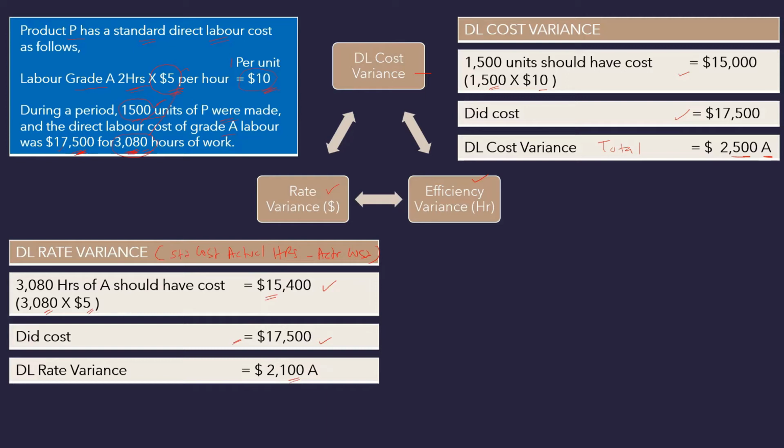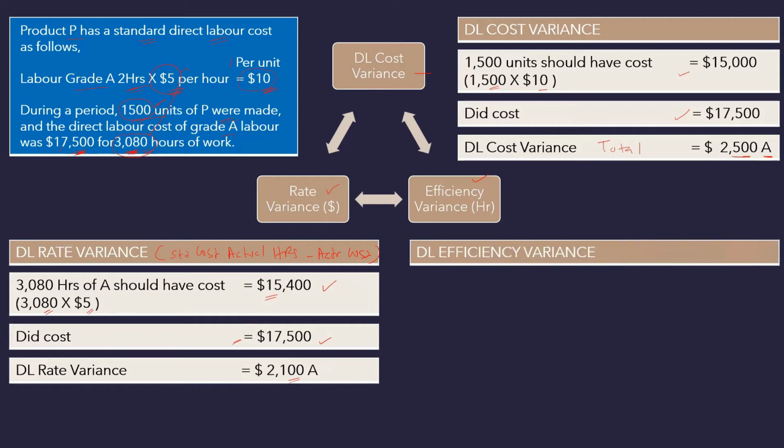Now let's move on to the efficiency variance. So basically, the efficiency variance compares the standard hours with actual hours. Okay, so how efficiently the hours are being used, this is what we need to calculate here.